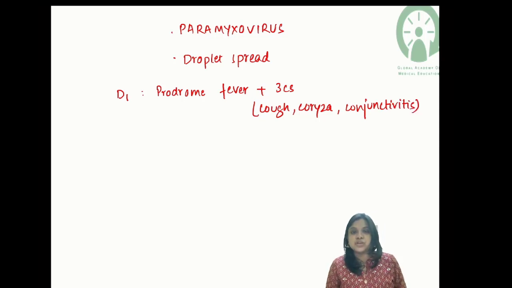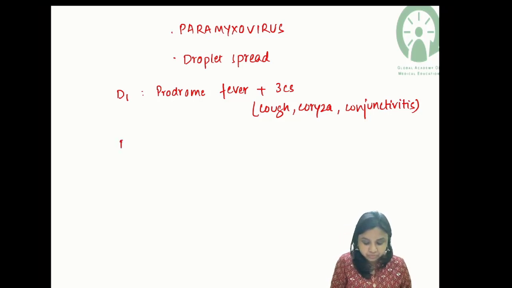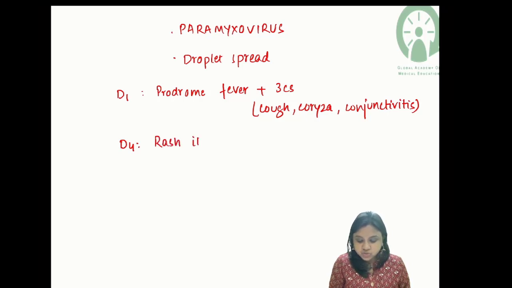From day 4 onwards, we'll have a rash, maculopapular rash, and it starts from the face. Most characteristically, it is a post-auricular rash. Okay, so behind the ear. So day 4, we have the rash, and it starts from the face, behind the ear.